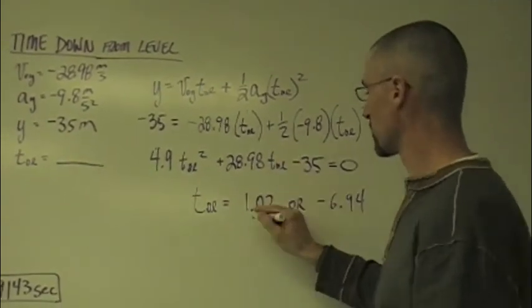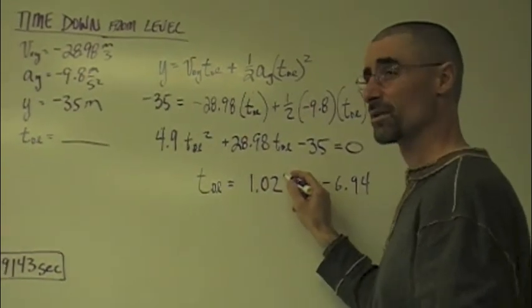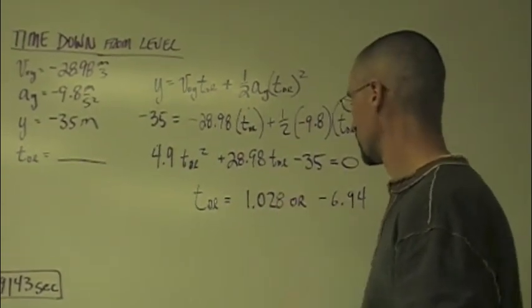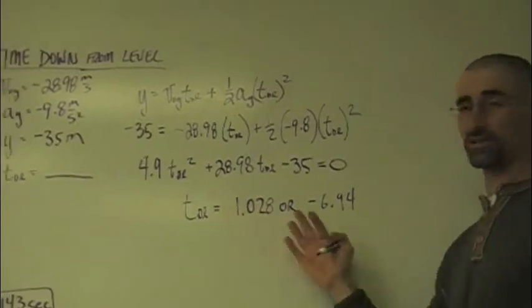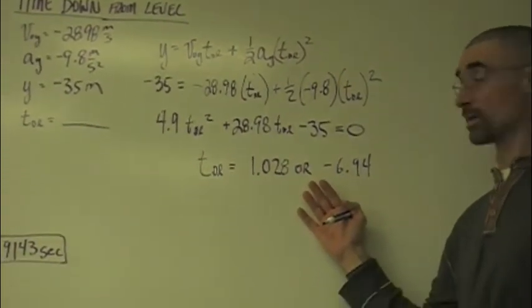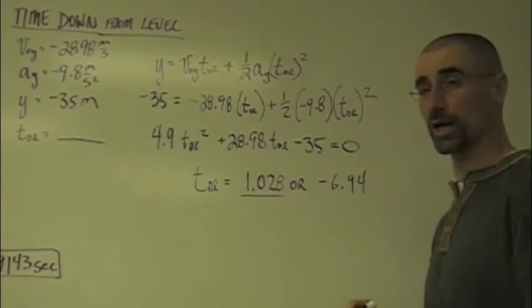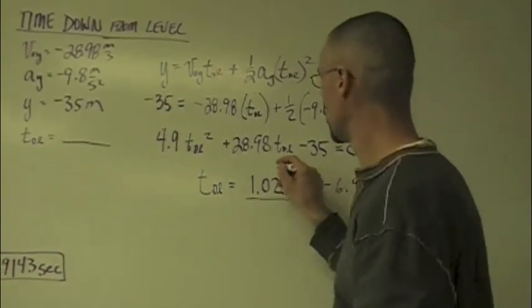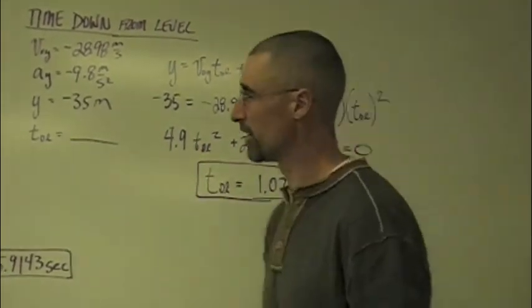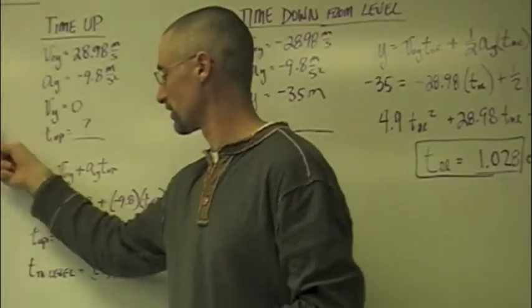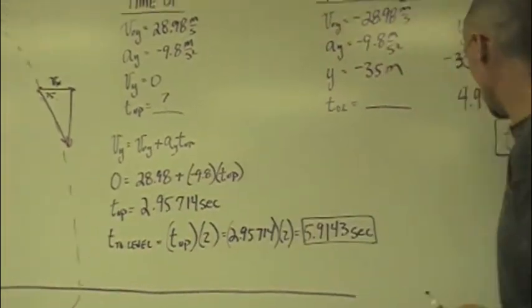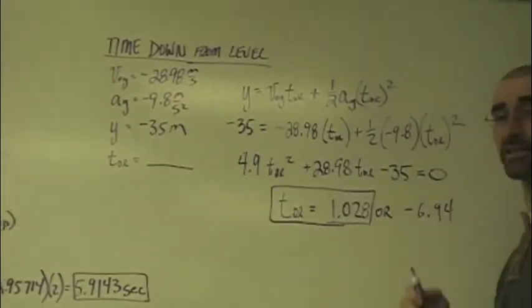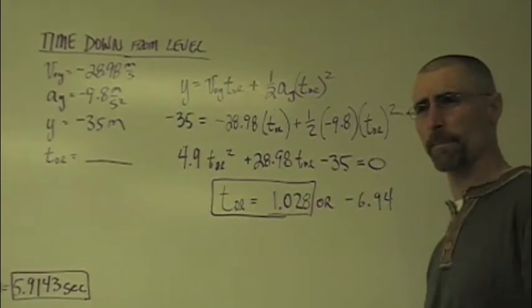Okay. And then is this 1.028 I heard? Okay, let's go with that. And guys, which one of those makes sense? The positive, right? Okay. So our time from here down to here is going to be a time of 1.028 seconds. Everybody see that?